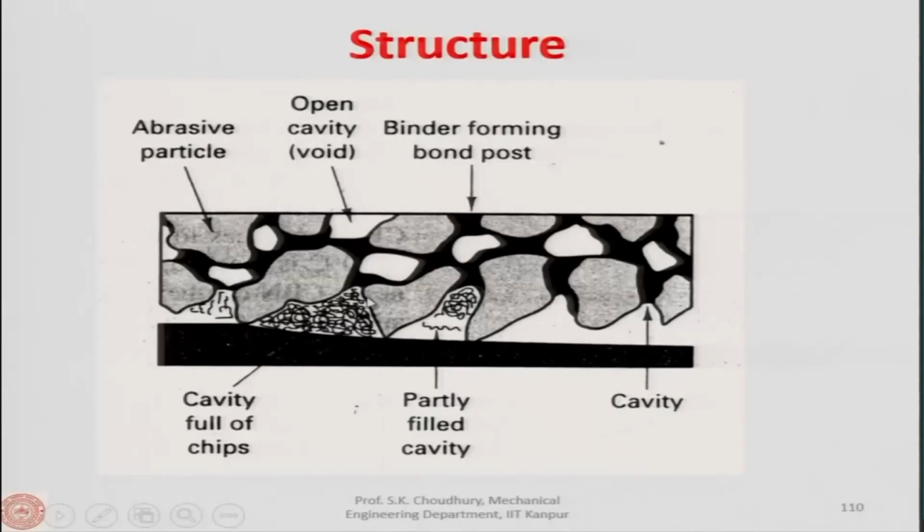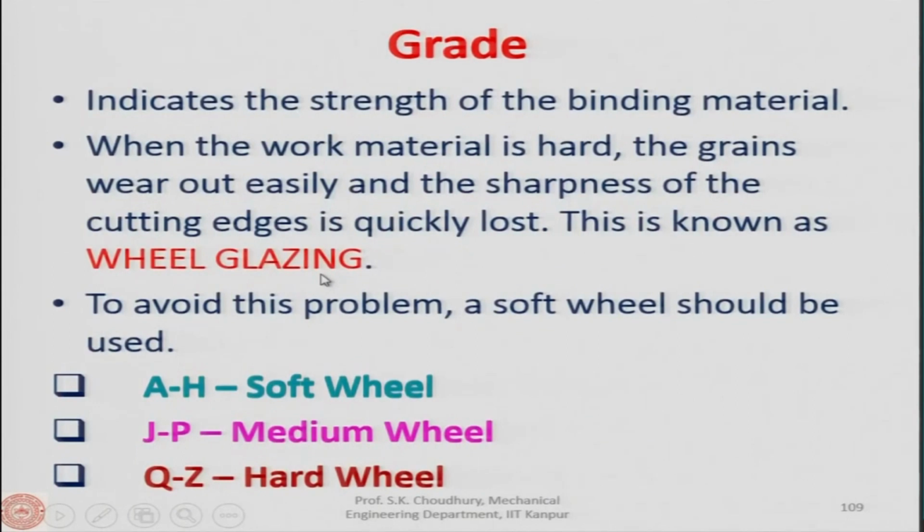Now, if the void is small, the small chips of the grinding wheel will enter and won't be able to come out. In that case, the entire wheel surface will be clogged by the small chips in these voids, and that is also bad, like wheel glazing.